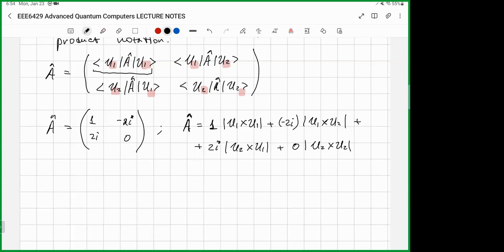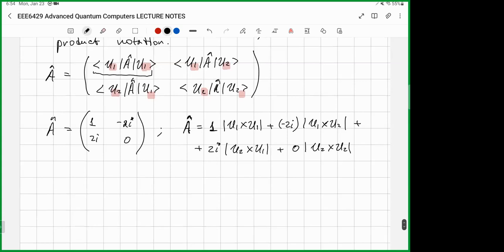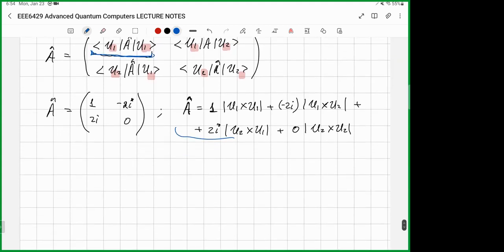Okay. And now let's just check that if I take the product of this, for example, by u1 u1 on the left and right side, I will get exactly this element here, right? So I take my operator in this form, multiply by u1 on the left and u1 on the right.